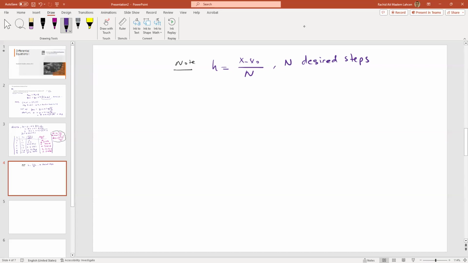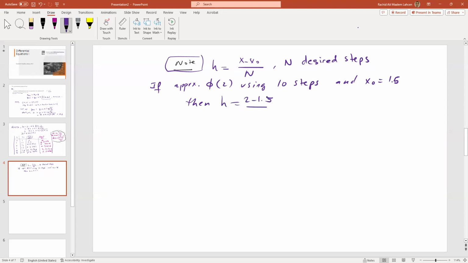So if we wanted to approximate y of 2, then using 10 steps, because in the previous problem the step is given, but here you decide on your own, and you say I want to use 10 steps, and let's say x0 starts at 1.5, then h is going to be (2 minus 1.5) divided by 10, which gives you the step 0.05.